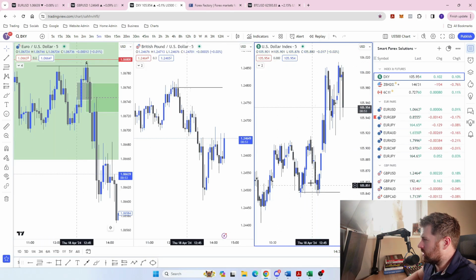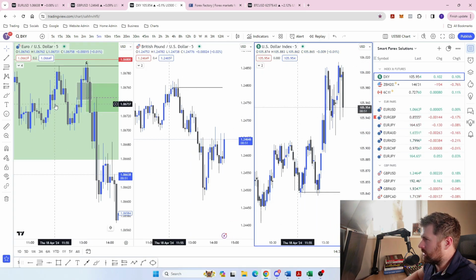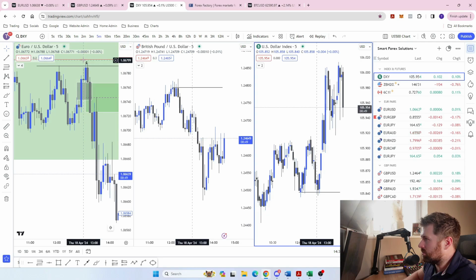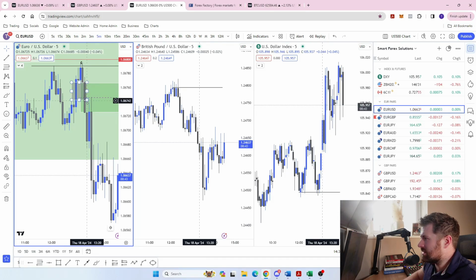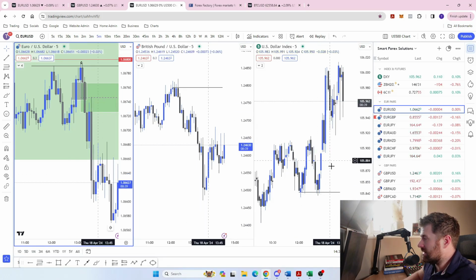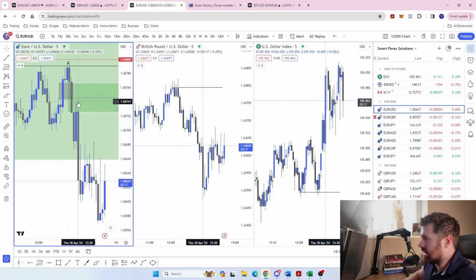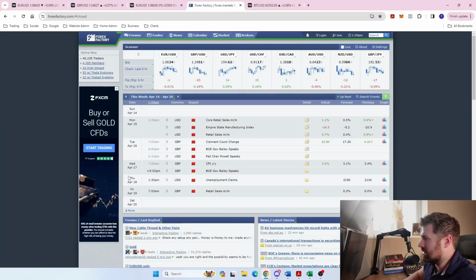Like I said, you want the dollar to drop and go higher, and invertedly, you want euro to push and go lower. That there, when I saw this happen, as well as this sell side imbalance being created, that is a golden opportunity for you to take a sell, knowing there's going to be volatility in the market at this particular time.